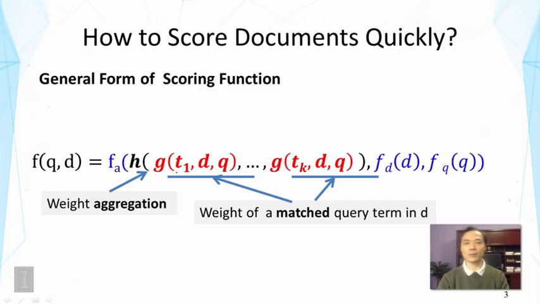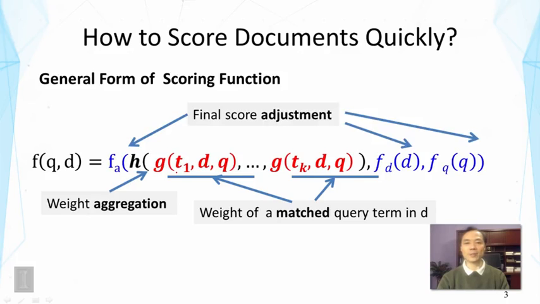So it will, for example, take a sum of all the matched query terms. But it can also be a product, or could be another way of aggregating them. And then finally, this adjustment function would then consider the document level or query level factors to further adjust the score, for example, document length normalization. So this general form would cover many state-of-the-art retrieval functions.